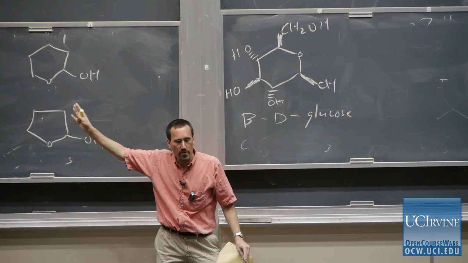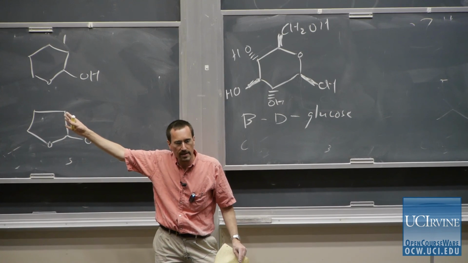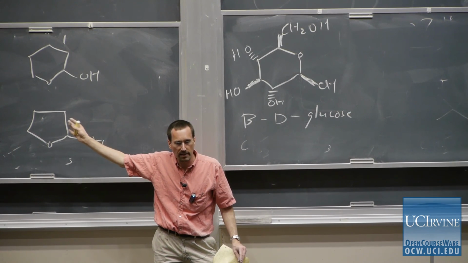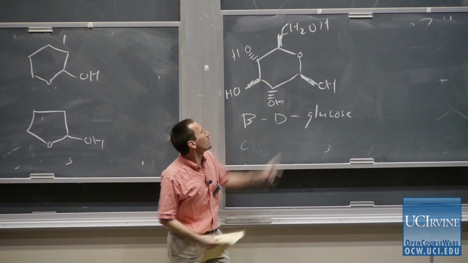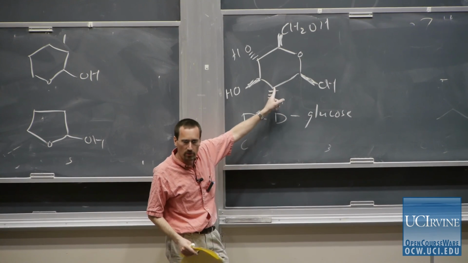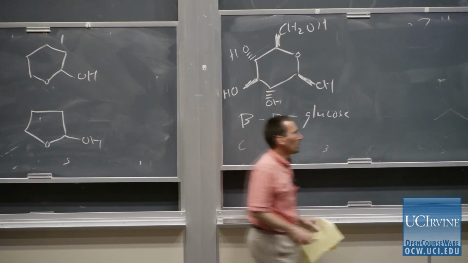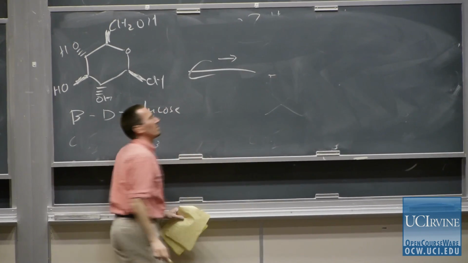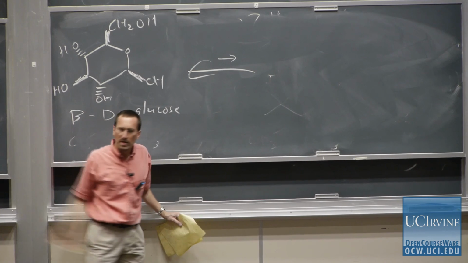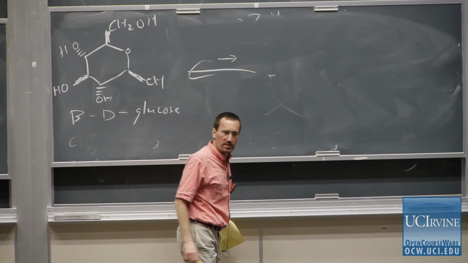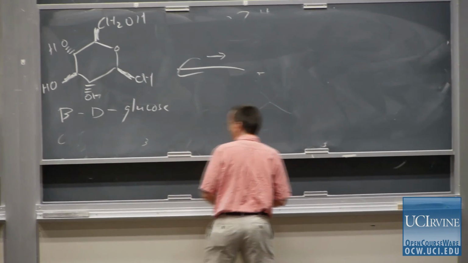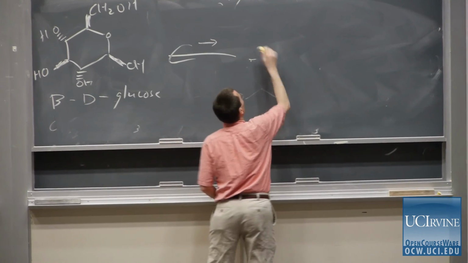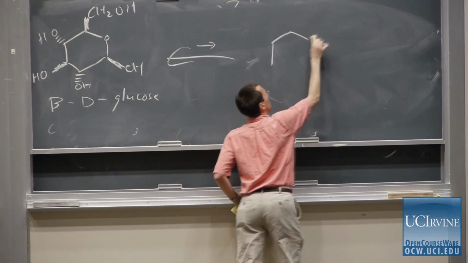just as our hydroxypentanal exists in equilibrium with the cyclic form, our hydroxybutanal, our glucose exists in equilibrium, and that equilibrium is way, way, way in favor of the cyclic form, even more than 94 to 6. It's like 99 point something, 99.99 something.